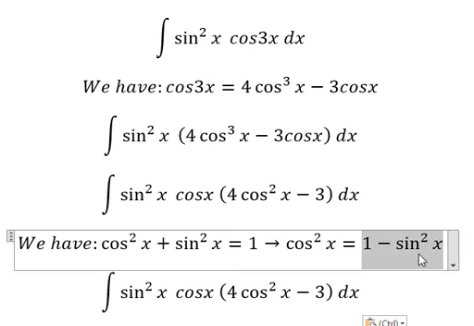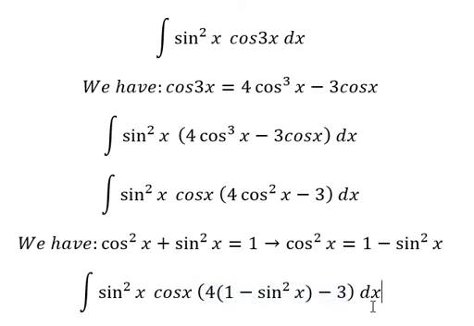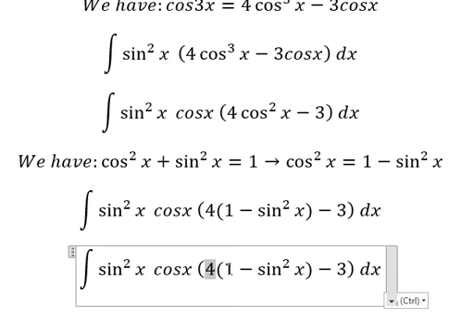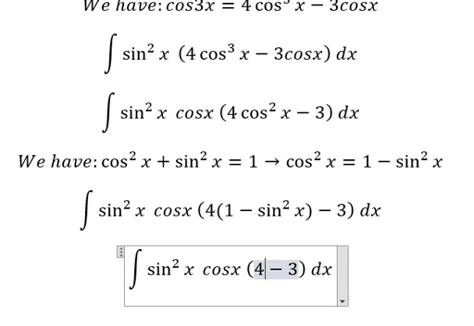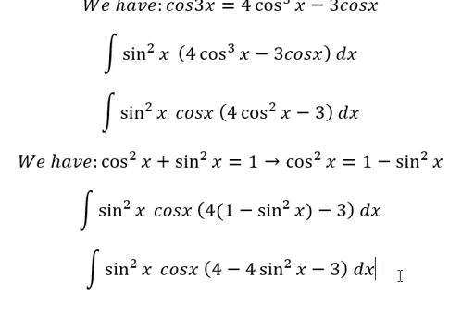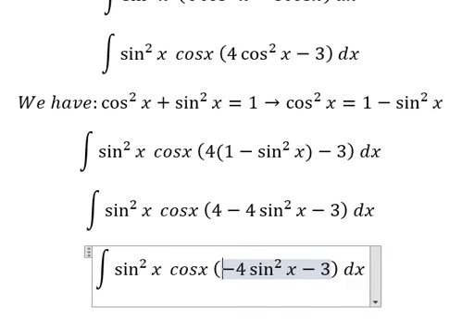So I will put this one go in here. So number 4 multiplied by number 1 sine x square. So 4 minus number 3, we have number 1.